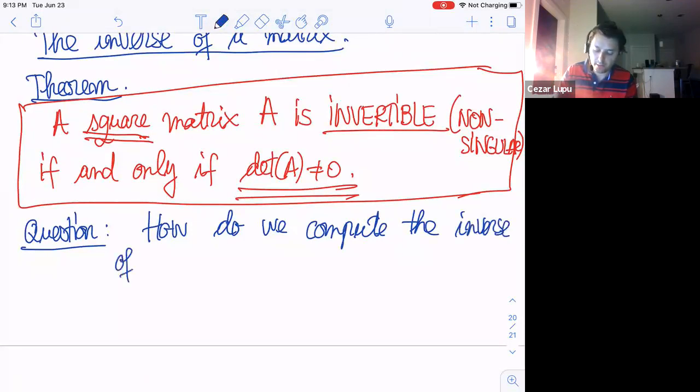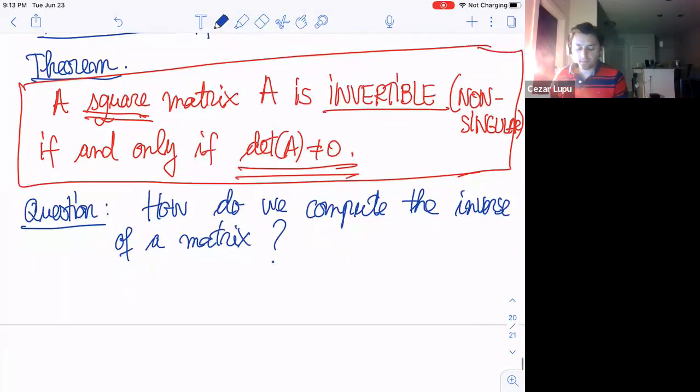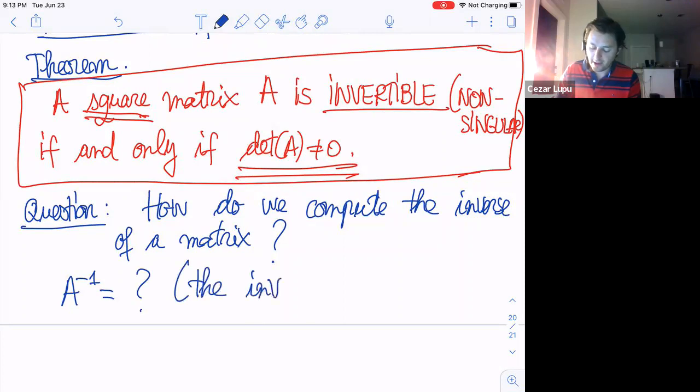In other words, is there a formula for this guy? So this is the inverse of a matrix. And in fact, it is.